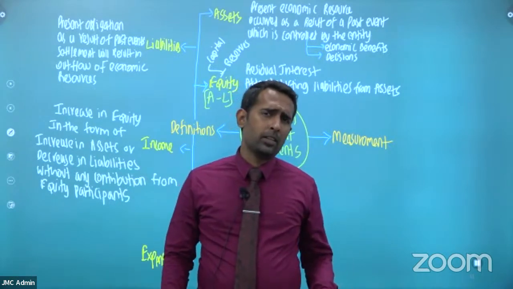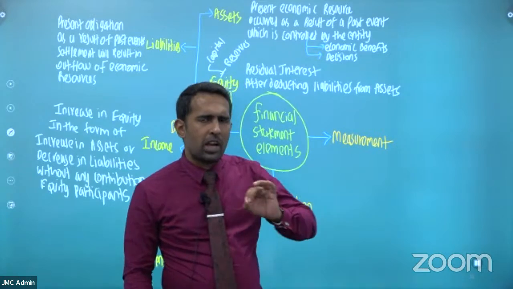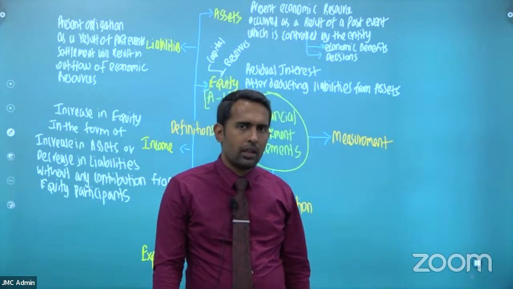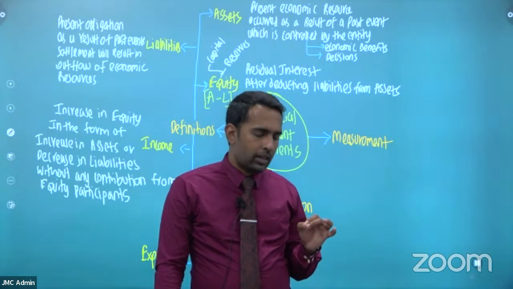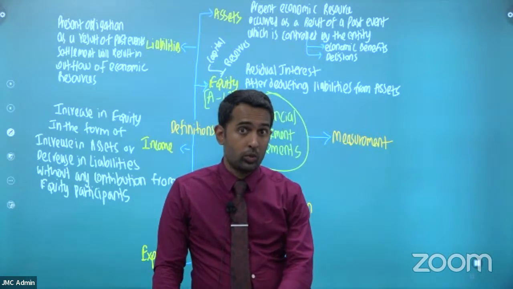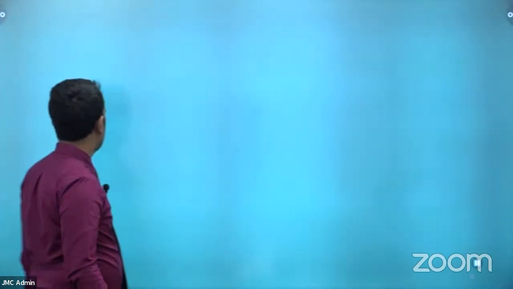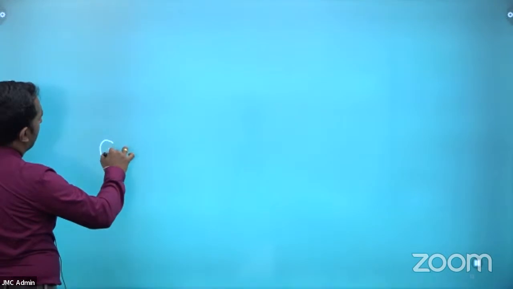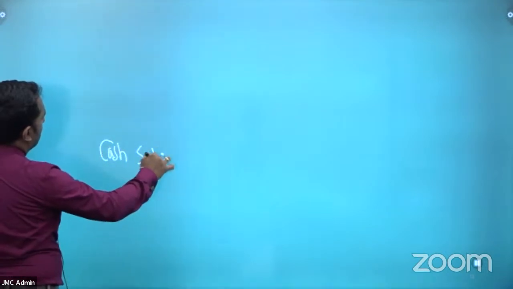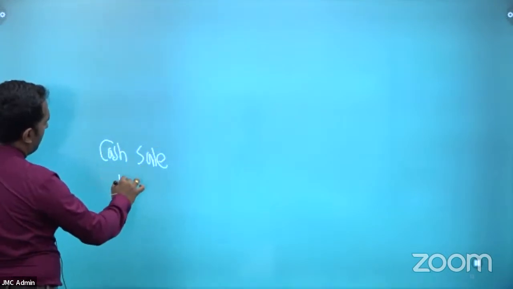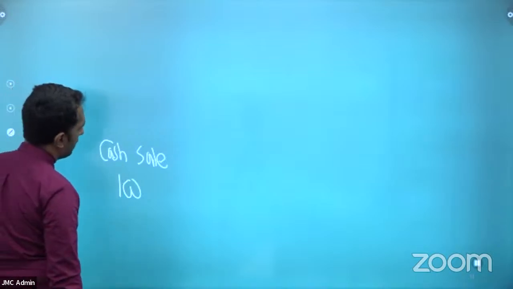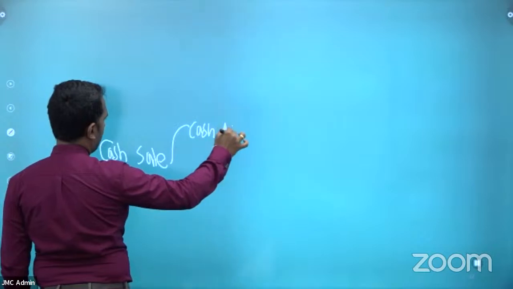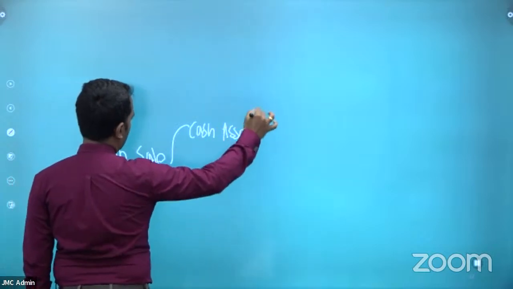Now, for an example, let's say I have made a cash sale of 100,000. Because of the cash sale, what will happen? Let me show it to you in another statement here. Because of the cash sale, one side, the cash asset, goes up.